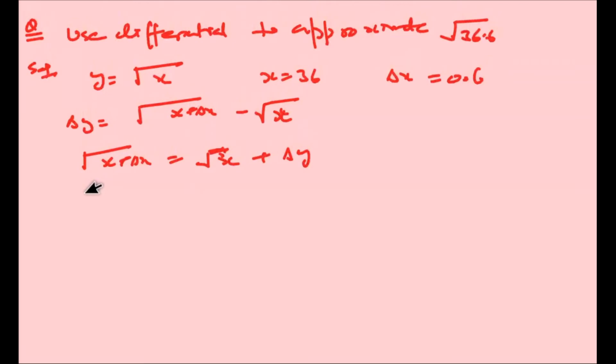Okay, so we can see square root of 36.6 is equal to square root of 36 plus dy by dx into delta x.